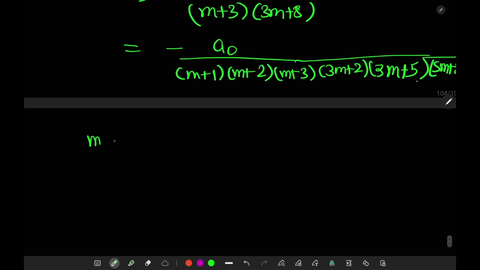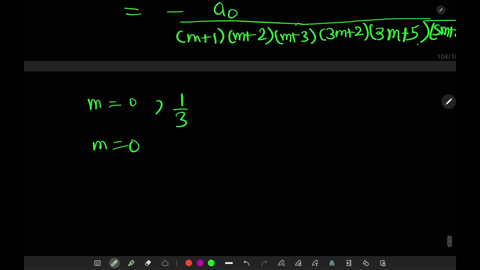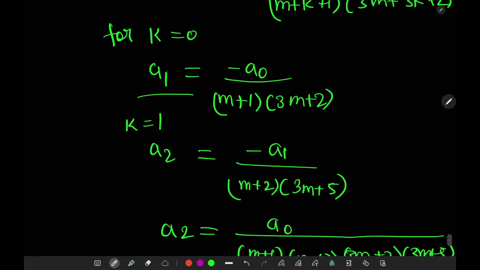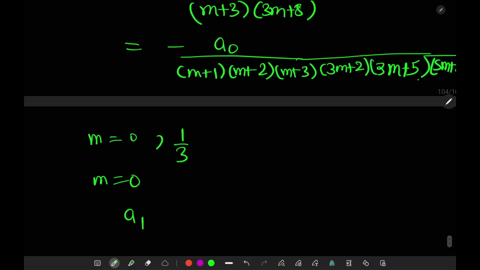Now we get m is equal to 0 and 1 by 3. Now for m equal to 0, a1 is equal to minus a naught by 1 plus 1 into 2.